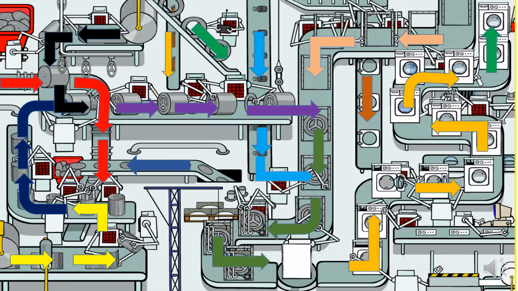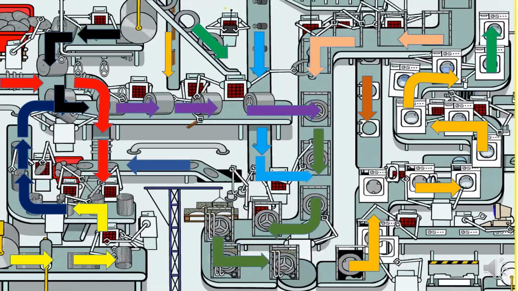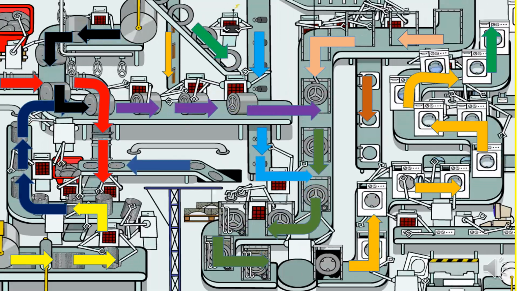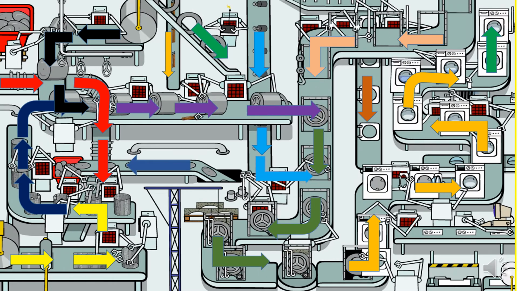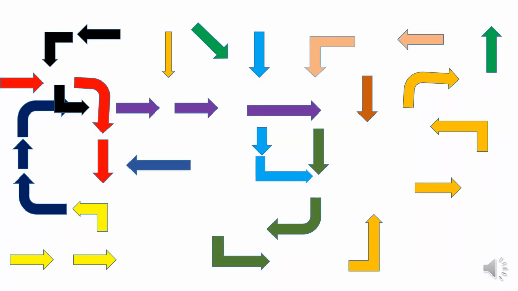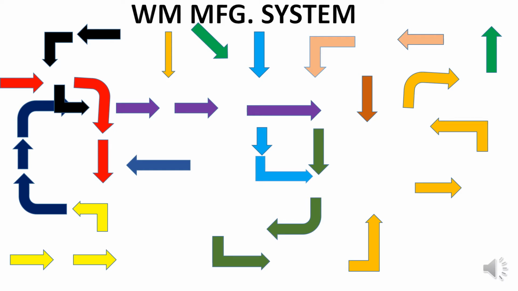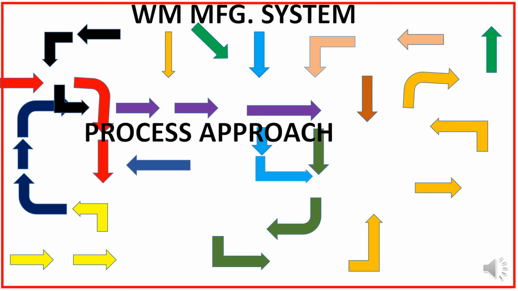Let us see the washing machine manufacturing process again with all the small sub-processes colored. Now we will remove the background of the washing machine picture and we can see all the small processes in different colors. Let us see how process approach, sequencing and interlinking can be seen here. So in this washing machine manufacturing system, we can see the process approach in all small processes or sub-processes and the main process.